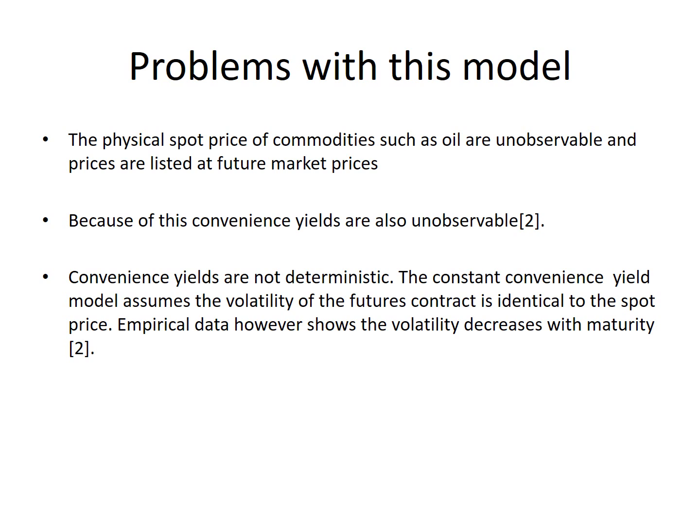The constant convenience yield model assumes that volatility of futures contracts is identical to the spot price. Now, empirical data shows that the volatility decreases with maturity, so it's changing as we approach maturity. This implies that there has to be some sort of stochastic nature within the convenience yield. Thus, the convenience yield has to be changing over time, which makes things interesting.